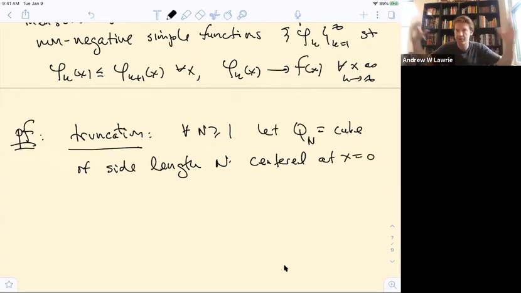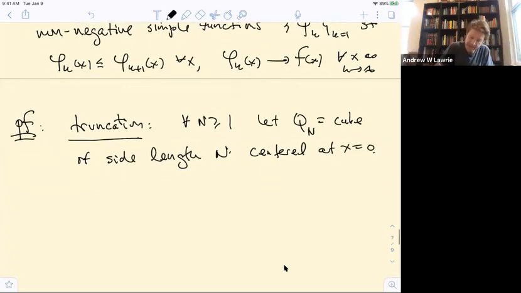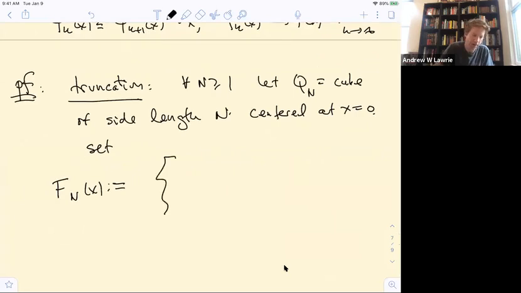So just take the cube of side length n, centered at x equals 0, and set capital F_n of x to be equal to f of x if x is in Q_n, and f of x is, sorry, let me be a little bit neater here.